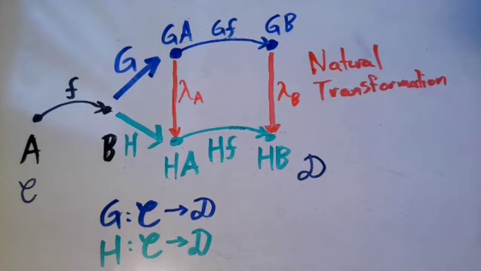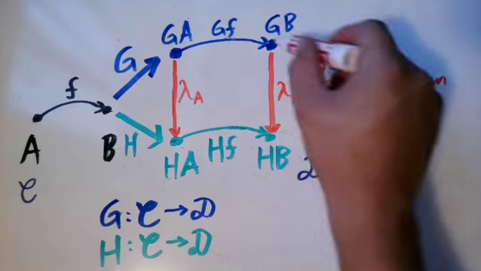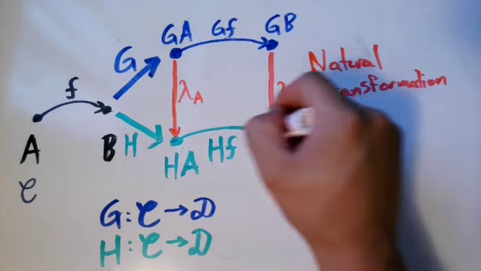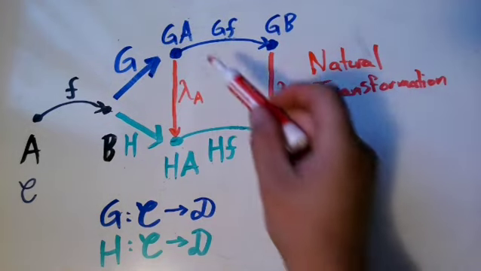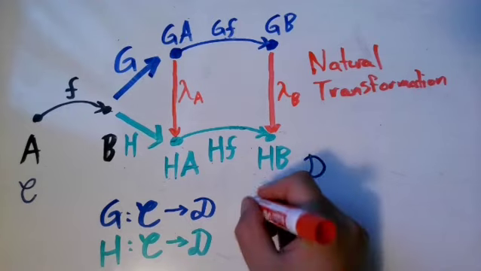Now, of course, this is category theory, so everything is all about composability. And so what we'd like is that following this chain to get from G of A to H of B would be the same as following this chain, going from G of A to H of B. This property is called commutativity.